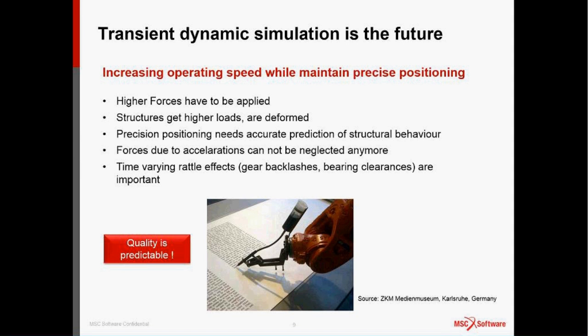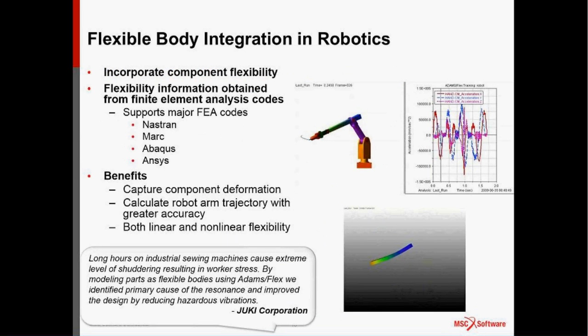So also you want to capture some of the effects like the gear rattle effects. So the gear backlash or the bearing clearance, how that is going to change the moving trajectory of your object. And we're going to cover that topic of the gear rattle effect during our demonstration today. So first, for the flexible body integration in robotics, there are different ways in Atoms you can do that.